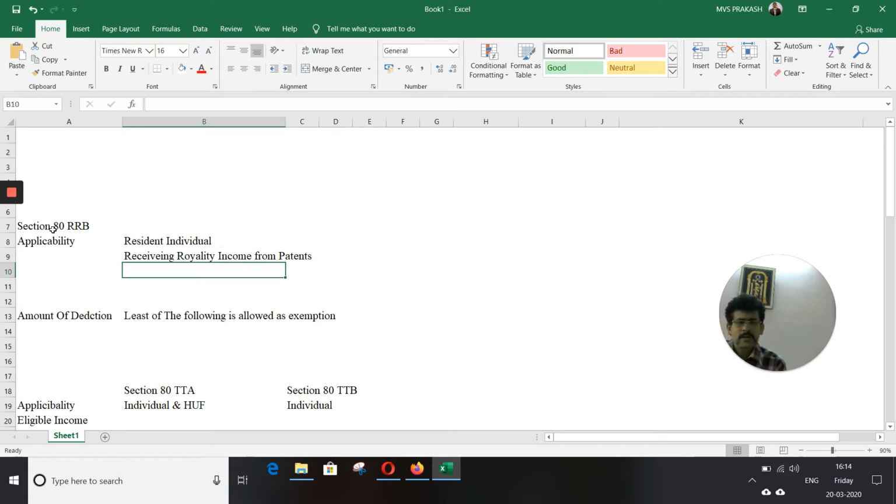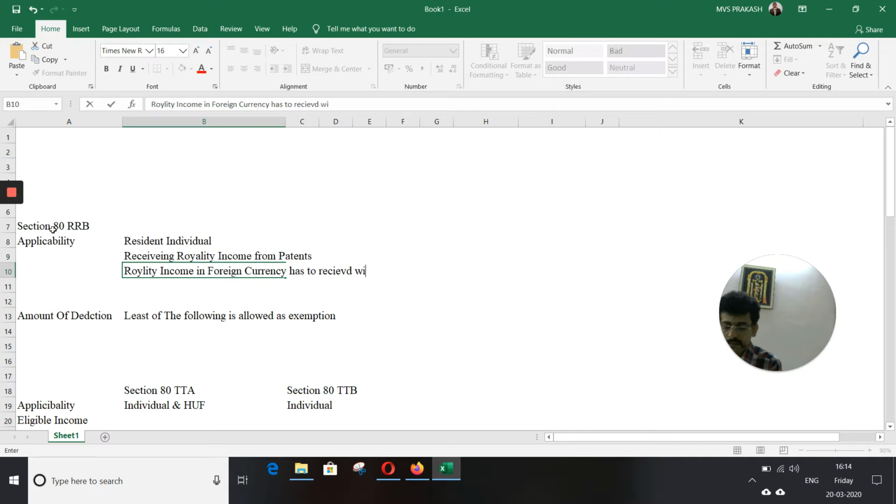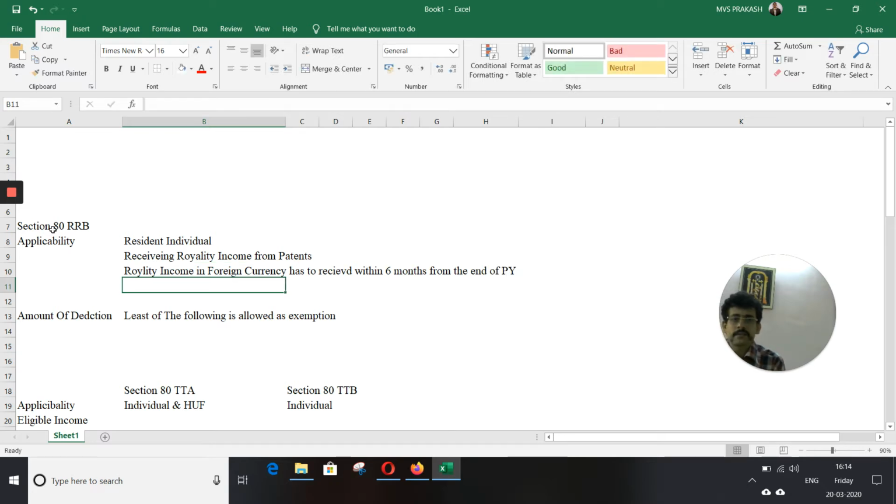Now, you may receive the royalty in foreign currency or in Indian currency. Whenever you are receiving it in foreign currency, the Act says royalty income in foreign currency has to be received within 6 months from the end of the previous year. As our previous year is 1920, that means within 6 months from the end of 31st March 2020, that is by 30th September 2020.